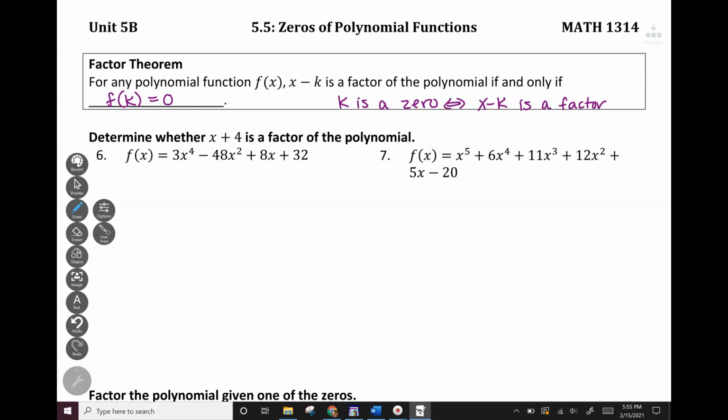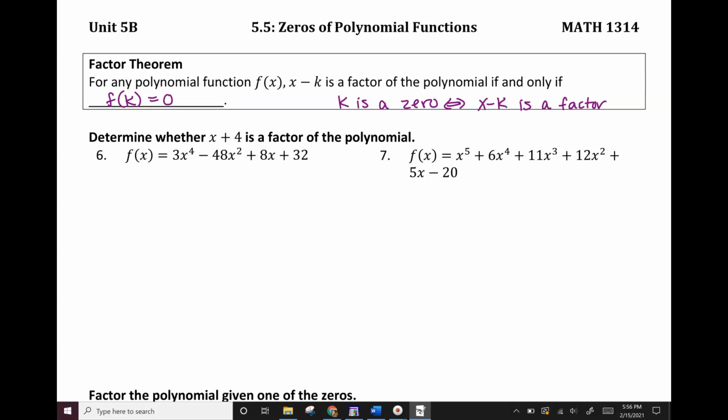And vice versa. So these two go hand in hand. All we're adding here is saying not only is k a 0 of the polynomial, but we can also say that x minus k is a factor of the polynomial.